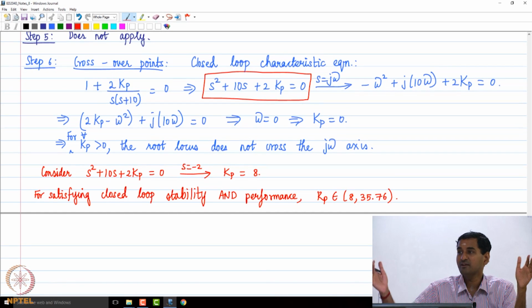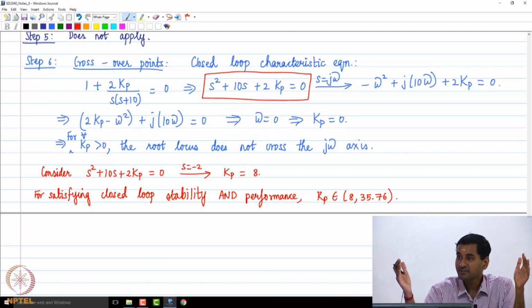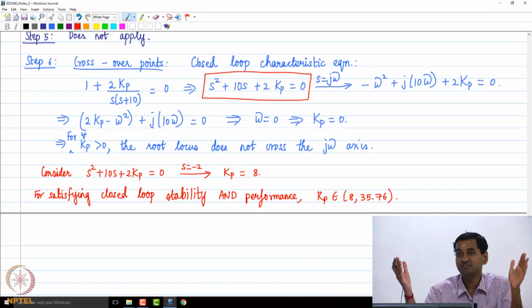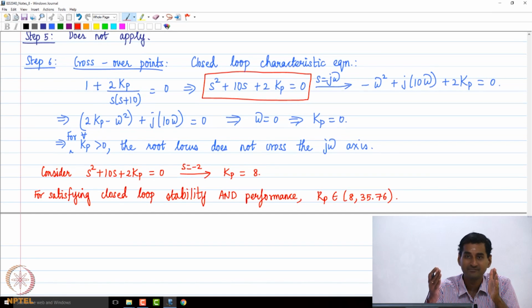So please note that what we have done, we have progressively reduced a huge region of proportional gain, minus infinity to plus infinity. First we reduced to 0 to infinity, then 0 to infinity has now been reduced to 8 to 35.76, right.